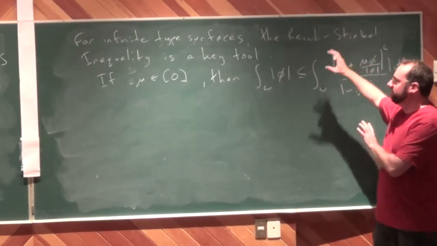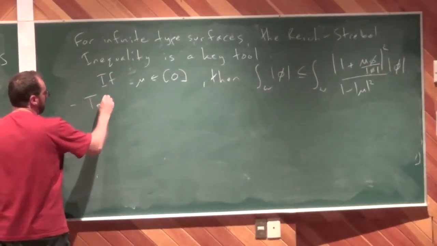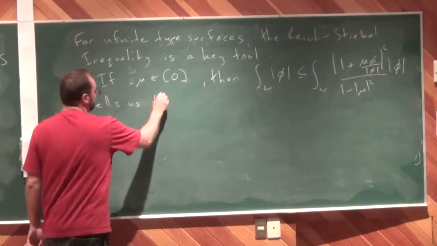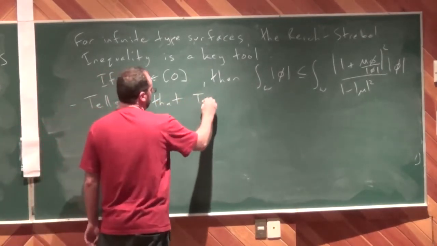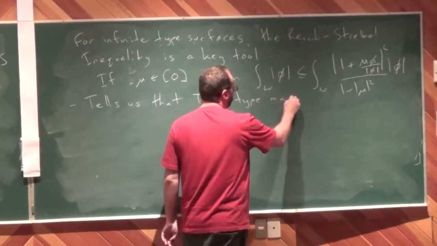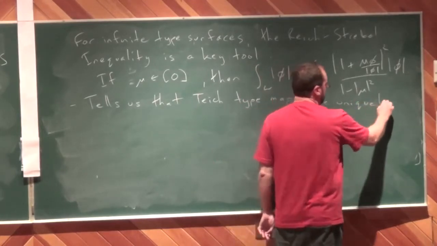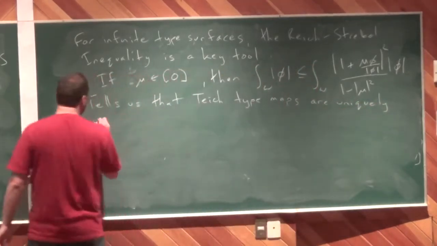So an application of the Reich-Strebel inequality tells us that Teichmüller type maps are uniquely extremal when we have them.